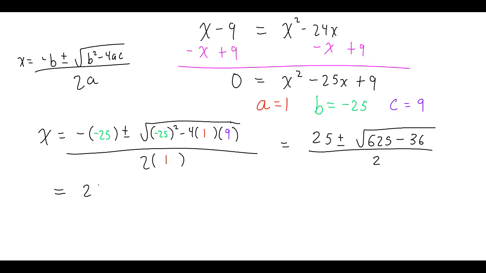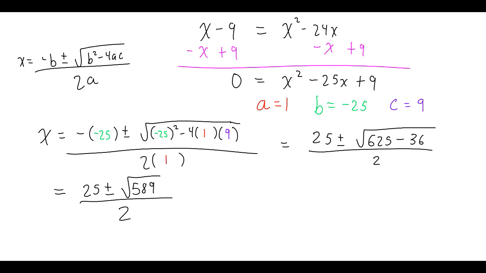So 25 plus or minus the square root of 625 minus 36, which is 589, over 2. Now the square root of 589 cannot be broken down, so I'm left with two potential answers. 25 plus the square root of 589 over 2, and 25 minus the square root of 589 over 2.